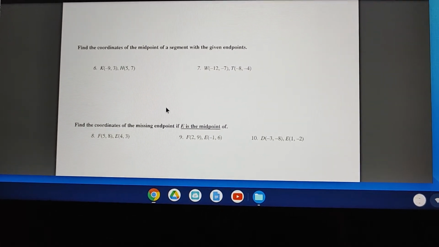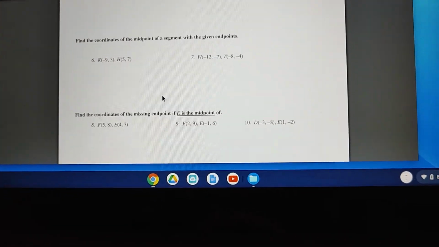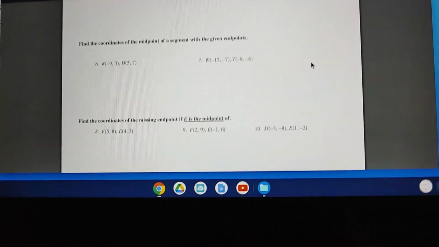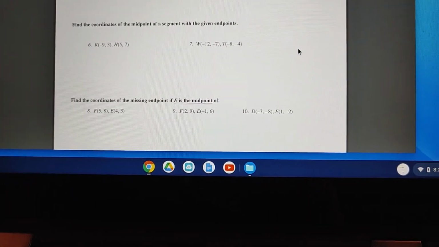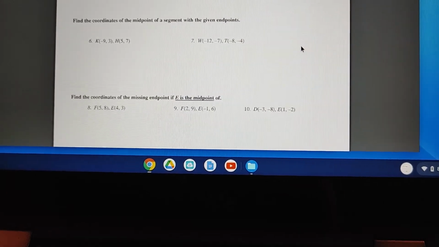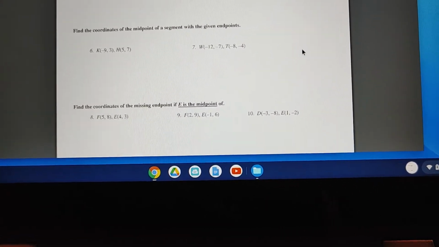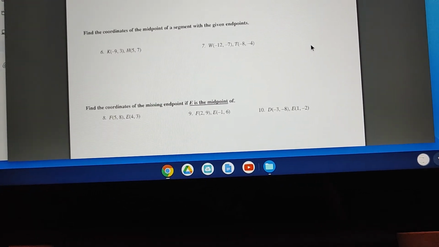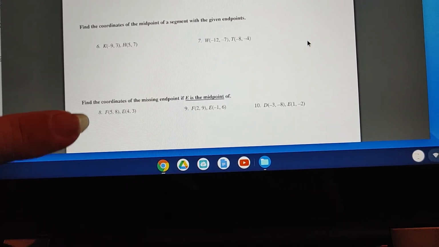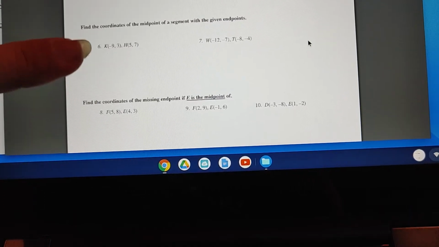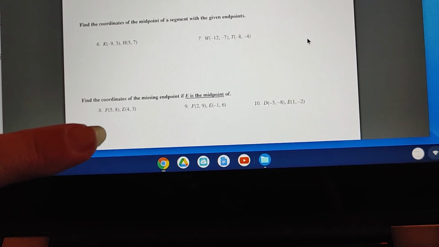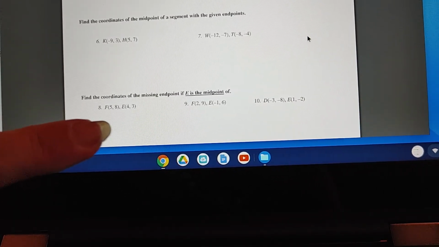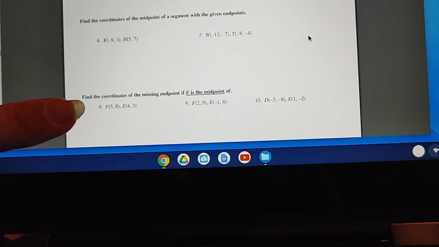You need to watch for those items yourself. Apparently I still underlined, which was nice of me. But you need to watch for those terms. You need to watch for the words and what they're asking and what information they're giving. If you just look at the information they're giving, you cannot tell the difference that these are endpoints and this is an endpoint and a midpoint. You have to read the directions.